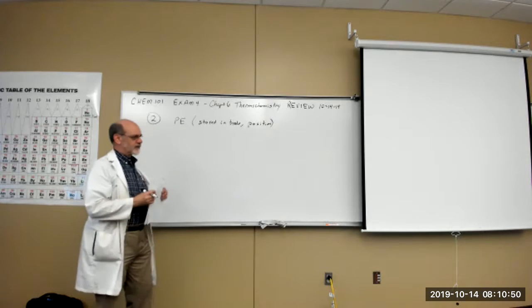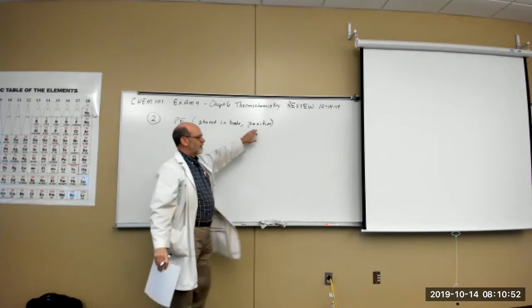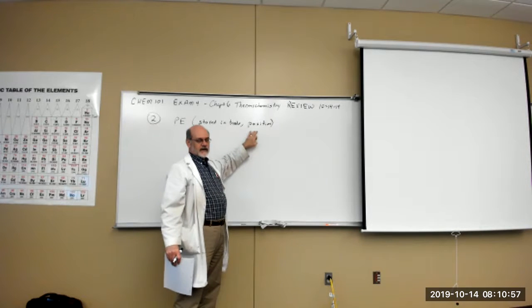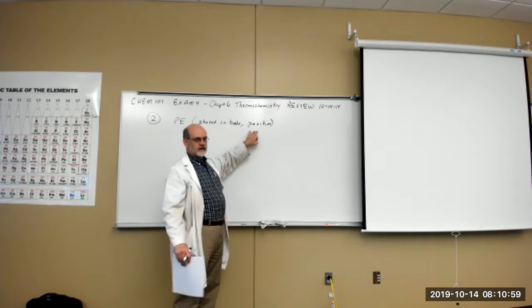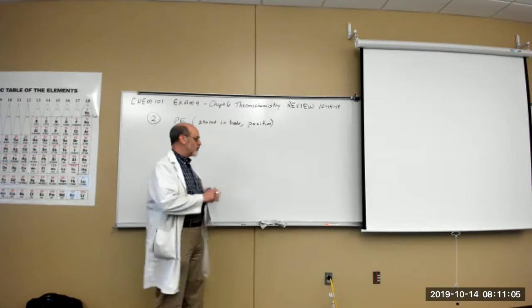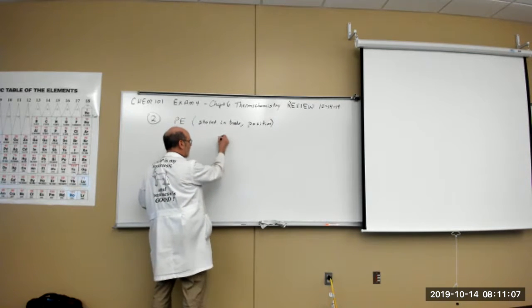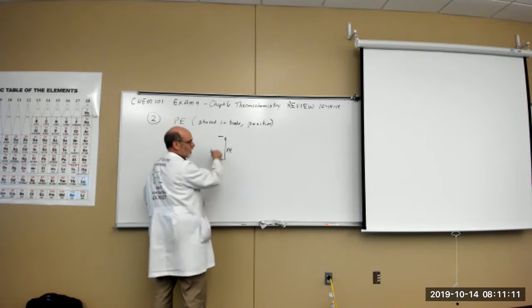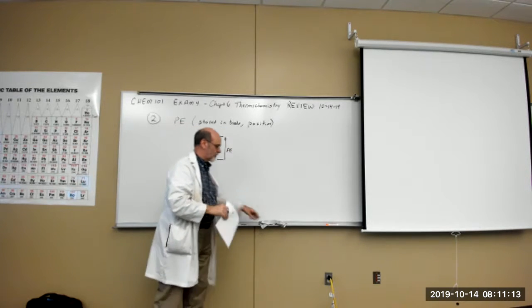Those are the two main types. In other words, if you're in a gravitational field, then the higher you are away from the center of that gravity, the more potential energy you have. Right? So if you move from this level to that level, you've stored some potential energy due to your height. Okay?